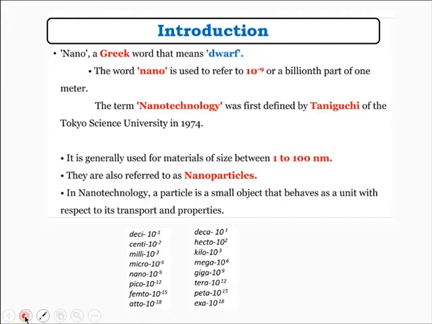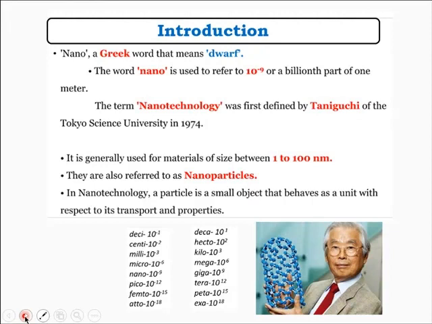Similarly we have nano, that is 10 to the power minus 9, and then the even smaller size is pico. Those are very rare materials. That's the reason we are restricted to nanoparticles and nano size, that is 10 to the power minus 9. And this is the well-known scientist Taniguchi, with the structure of nanoparticles, a carbon nanotube model.